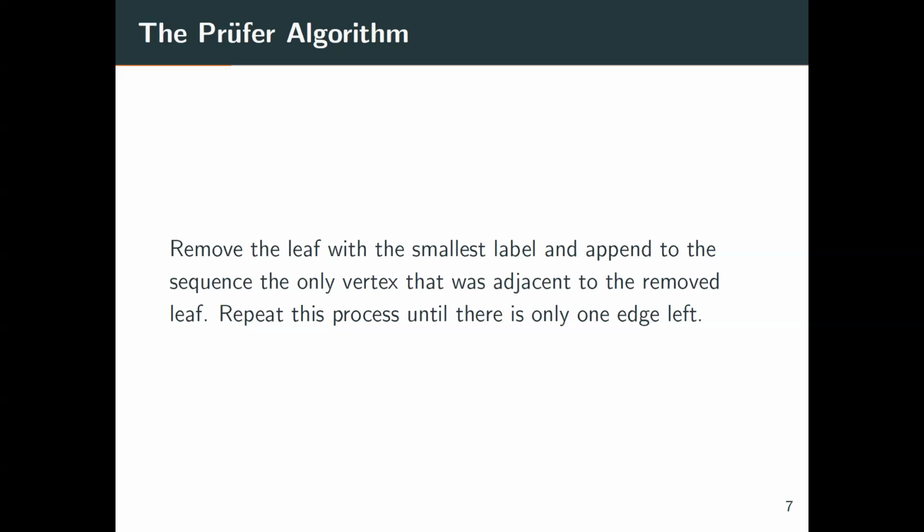If we have a tree, we remove the leaf with the smallest label and append to the sequence the only vertex that was adjacent to the removed leaf. Because the leaf is a vertex of degree 1, its only neighbor is well defined. We repeat this process until there is just one edge left.